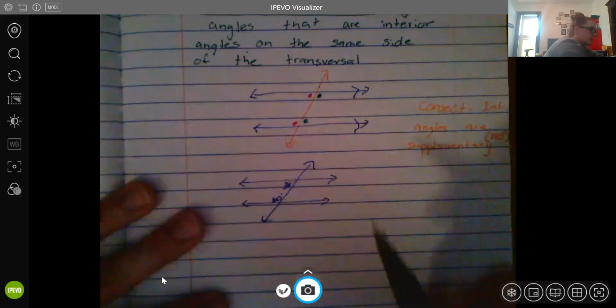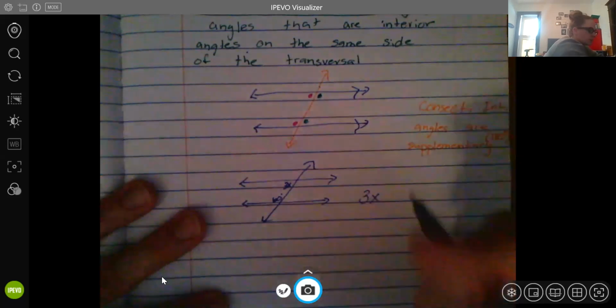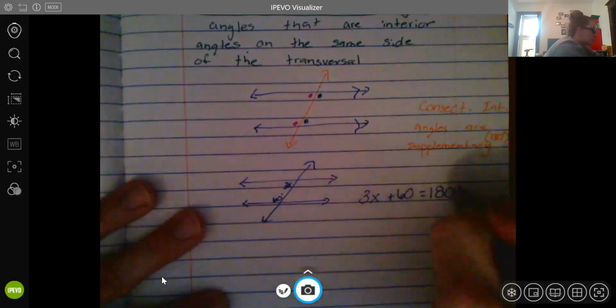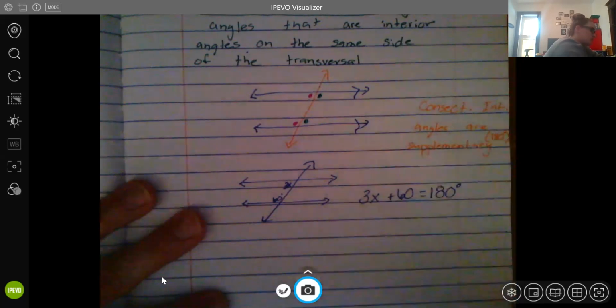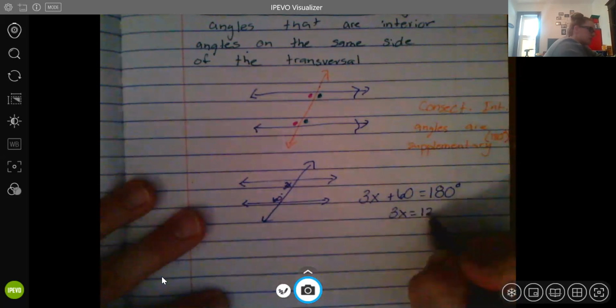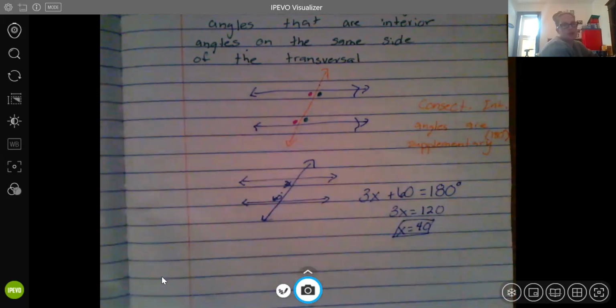So the mathematical statement I would write would be 3x plus 60 equals 180. So subtract your 60 over, 3x equals 120. Divide both sides by 3 and I get 40 degrees for x. Consecutive interior angles.